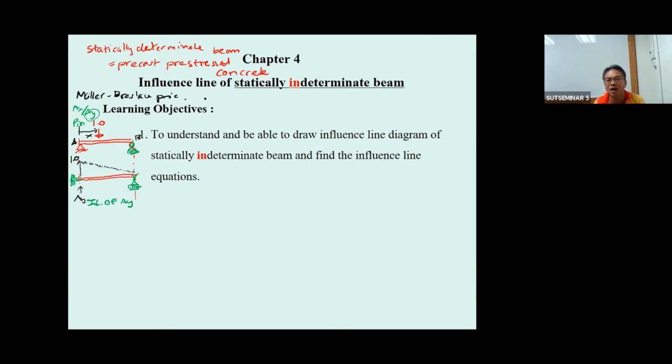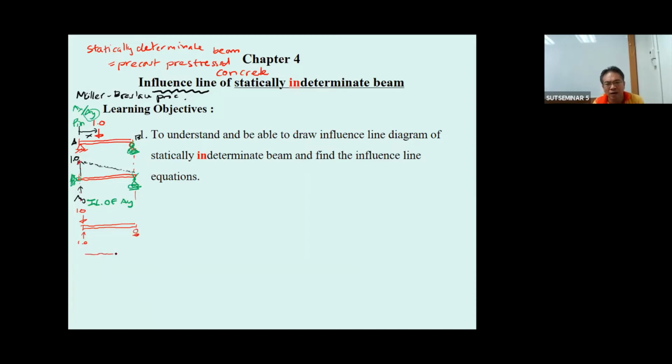What is the meaning of influence line? It represents the reaction of A sub y when the force moves. For example, when the force moves to the point A, 1.0 here, the reaction here is going to be 1.0 because of this.